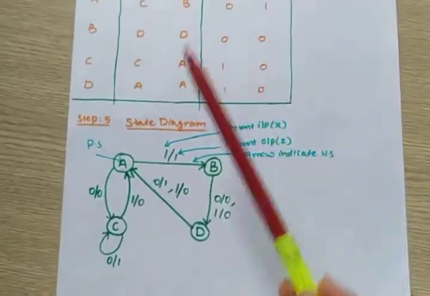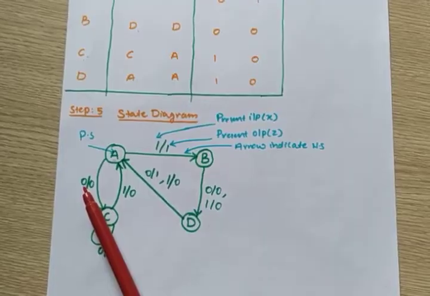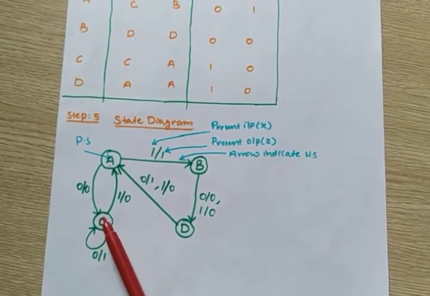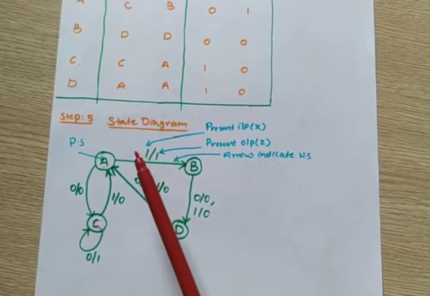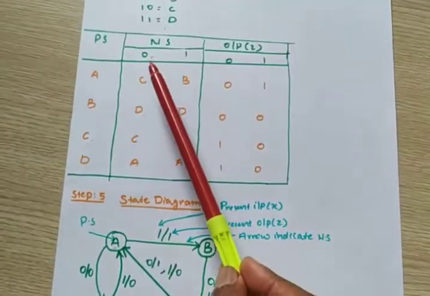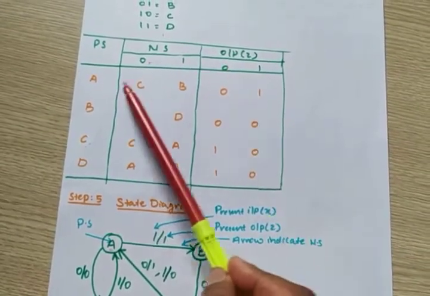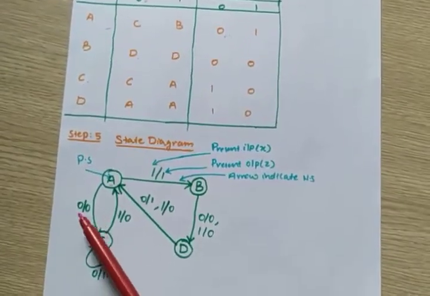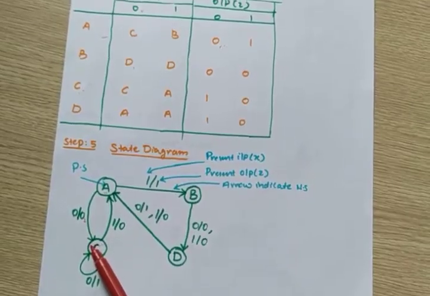C. For state A, I am giving 0 input. It will change to next state C. Like that it is drawn. So I write C, next state, for 0 input. At that time, what is the output? For state A, 0 input, the output is also 0. So I write 0 bar 0. 0 input, 0 output. It will change to state C.